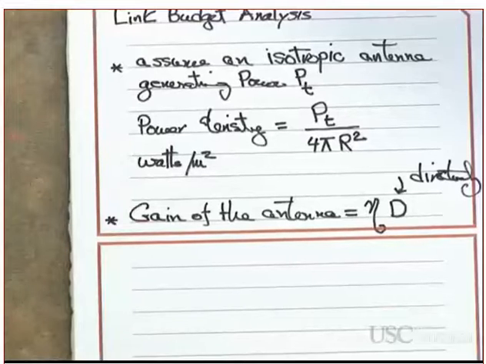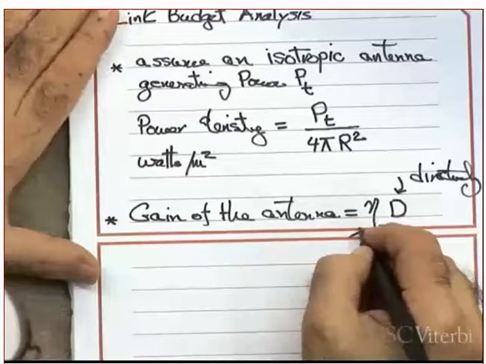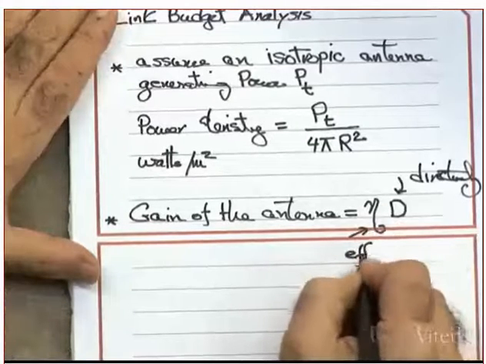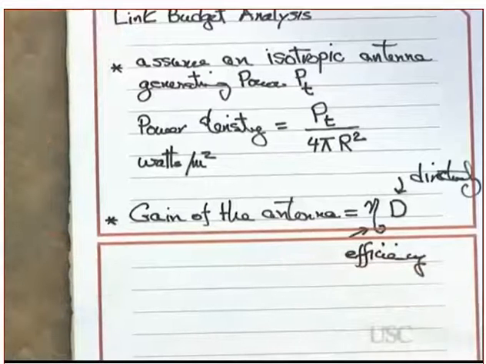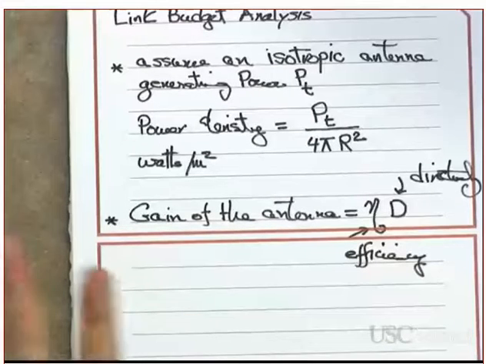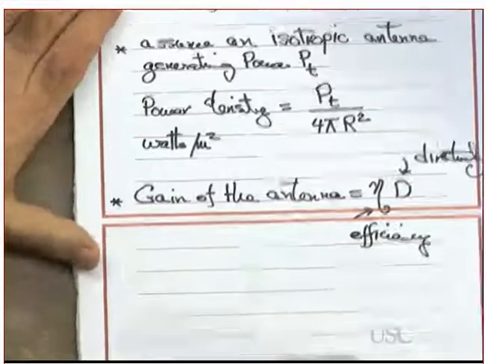Higher. Are you following me on that? And eta is the efficiency. Now, if the question does not tell you anything about the efficiency, in our course you assume it's equal to 1. But in reality, the efficiency is maybe 0.55, 0.6, and something like that. Did you get this or not? Yes or no? Okay.